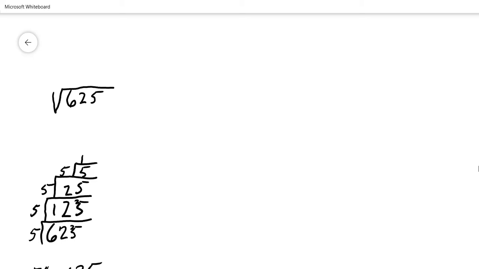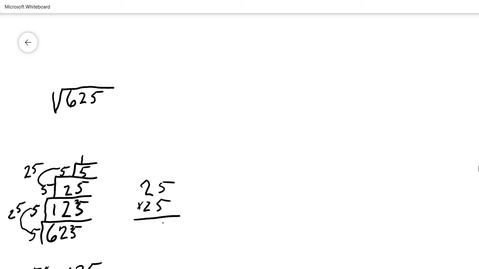But that's not what this question is asking. It's asking what's the square root? What number times itself? Okay, you take 2 of that number and you multiply them, not 4 of them. But we can use this for that because see, here's 2 5s right here. 5 times 5 is 25, and guess what? We got 5 times 5 right down here too, and that also is 25, and let's find out. 25 times 25.